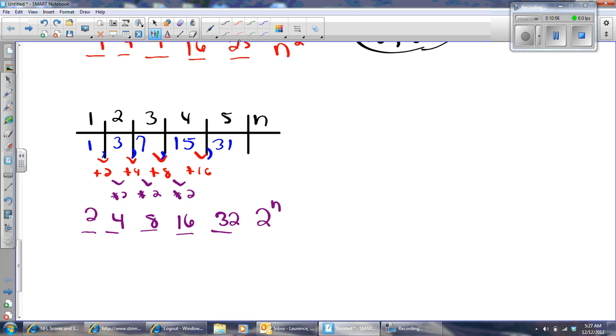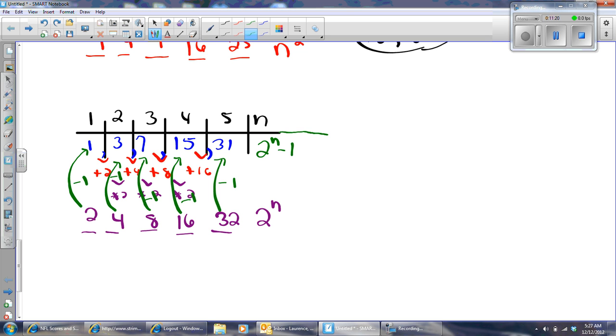Okay, and then I'm going to compare. How do I turn 2 into 1? I subtract 1. 4 to 3, subtract 1. 8 to 7, subtract 1. 16 to 15, subtract 1. So my answer is going to be 2 to the power n minus 1.